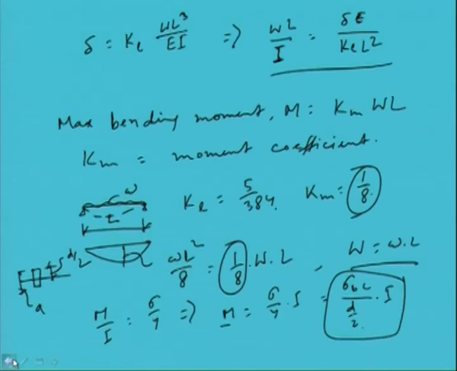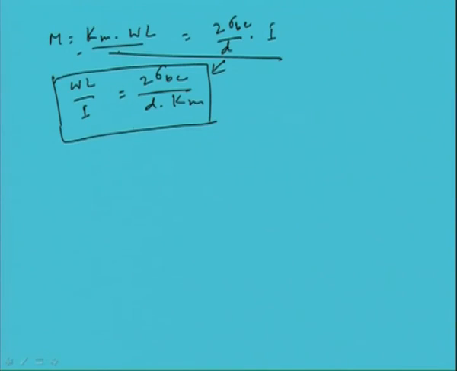Again, in the earlier equation we have shown that WL by I is delta E by KL into L square. So, if we equate these two equations, because WL by I is common to both, then we can write that 2 sigma BC by D into Km is equal to delta E by KL into L square.